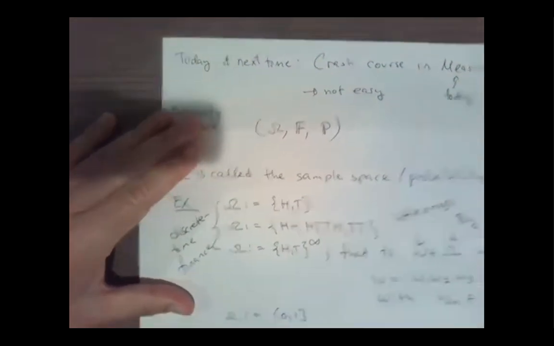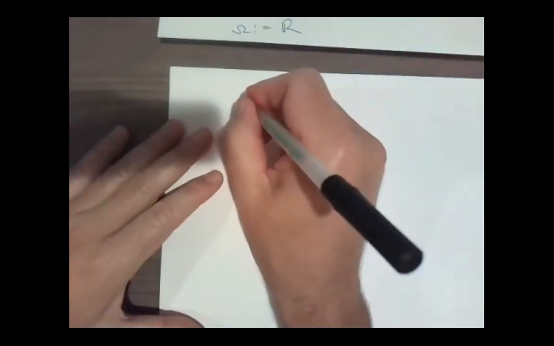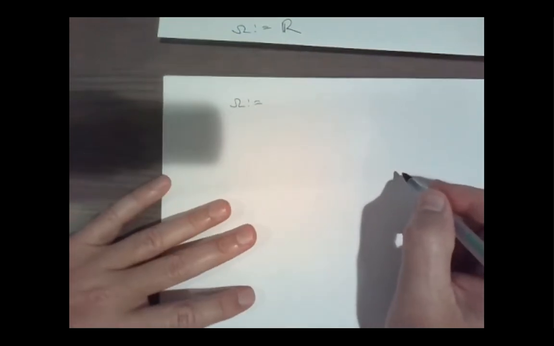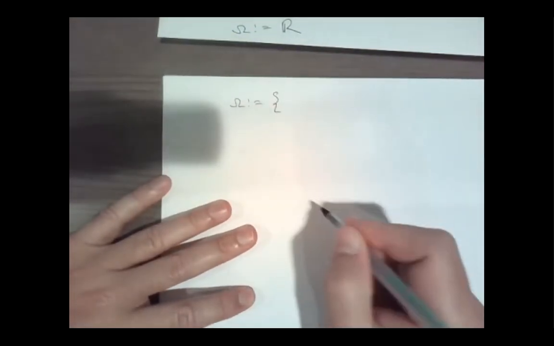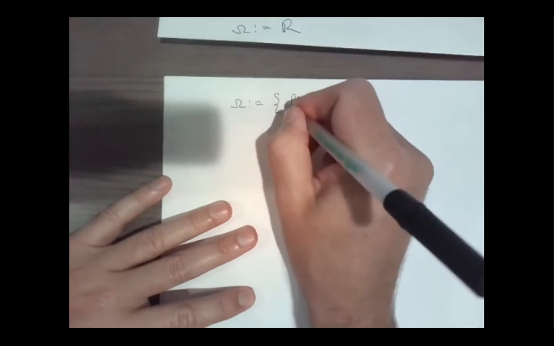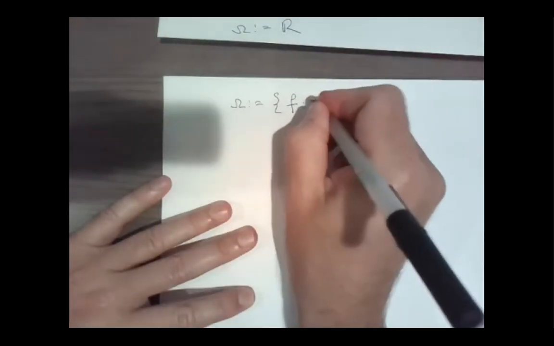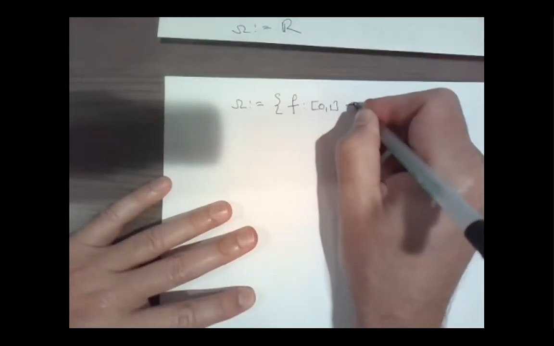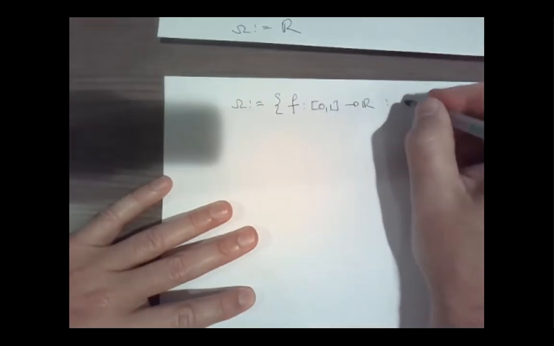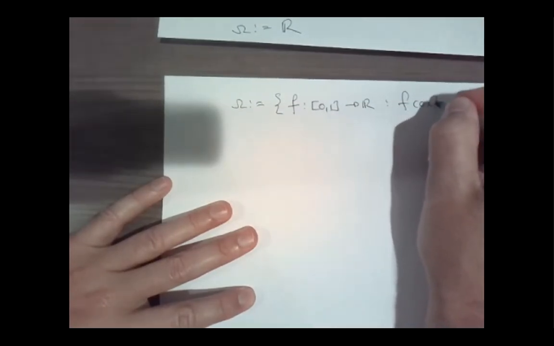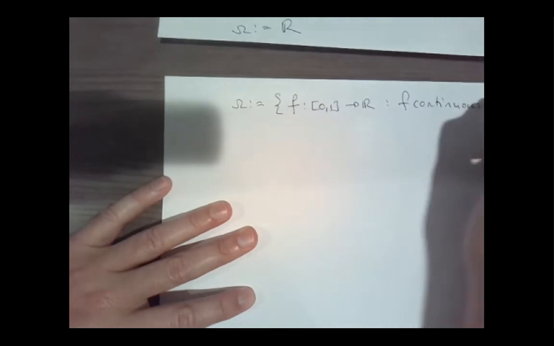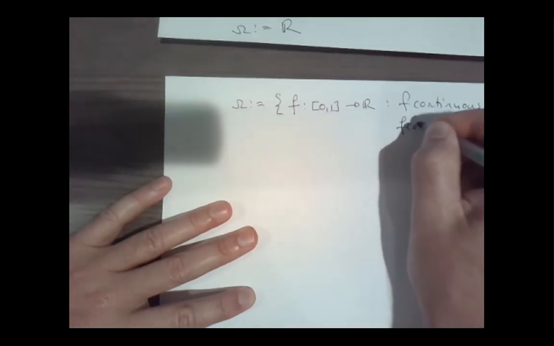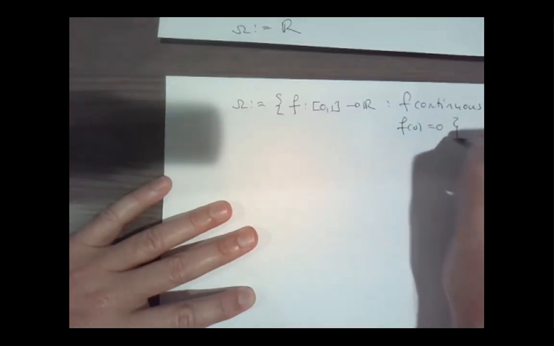If you were to peek ahead and look at what it would look like in continuous time, unfortunately it looks really messy. The space that we will need, if we were to write down such a thing in continuous time, would be the set of functions that go from, say, 0 to 1 into R that are continuous and that have the property that at 0 the value is 0.